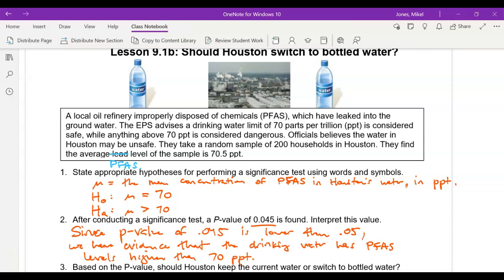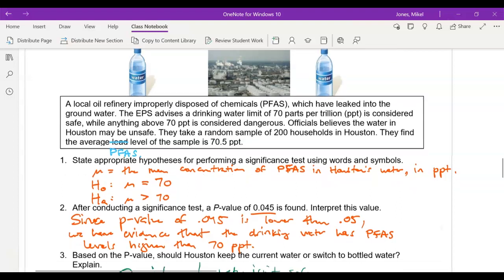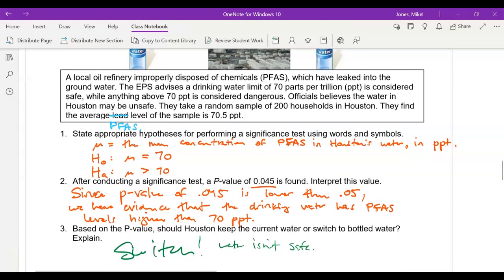So based on that p-value, should Houston keep the current water or switch to bottled water? They should switch, right? The water isn't safe. We have significant evidence against the null hypothesis, and we have enough evidence to show that there are indeed unsafe levels in the tap water. So we should switch to bottled water.